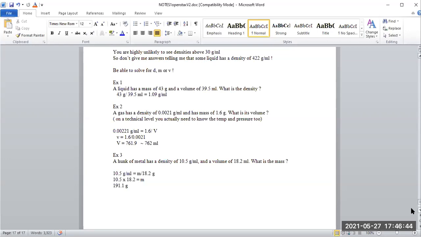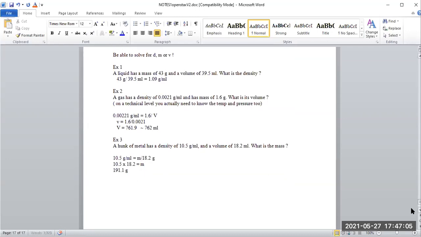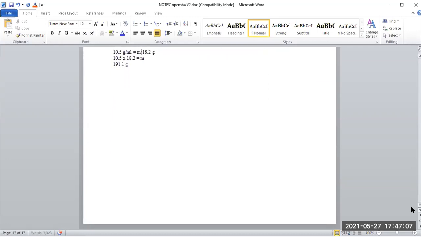And actually, I put the M and didn't put the L in. I just realized that. That's supposed to be in there. Actually, no, that's not the M. That's the M for mass. That's why I'm confusing myself. So mass, after you multiply these 2 numbers together, should give you 191.1. And that is the end of chapter 1.